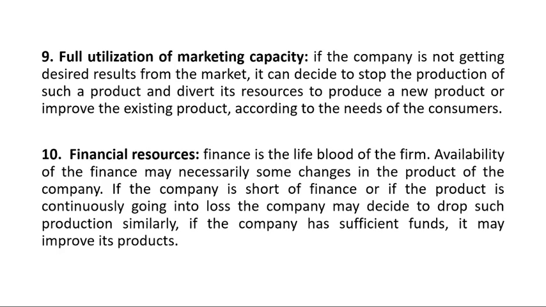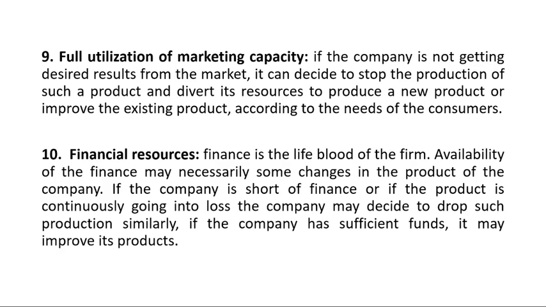Okay, so then the last one, the 10th one, is financial resources. Finance is the lifeblood of the firm, that is money. Availability of finance may necessarily bring some changes in the product of the company. If the company is short of finance, that is no money with them, or if the product is continuously going into loss, the company may decide to drop such production.